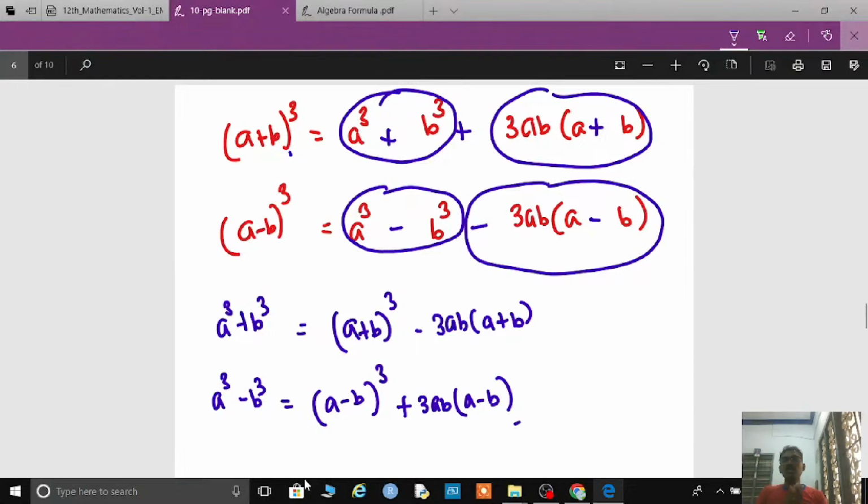So A cube plus B cube means A plus B the whole cube minus 3AB into A plus B, and A cube minus B cube means A minus B the whole cube plus 3AB into A minus B. I hope you understand. This term will come to that side, and the positive term will come to that side. That's all. Okay?